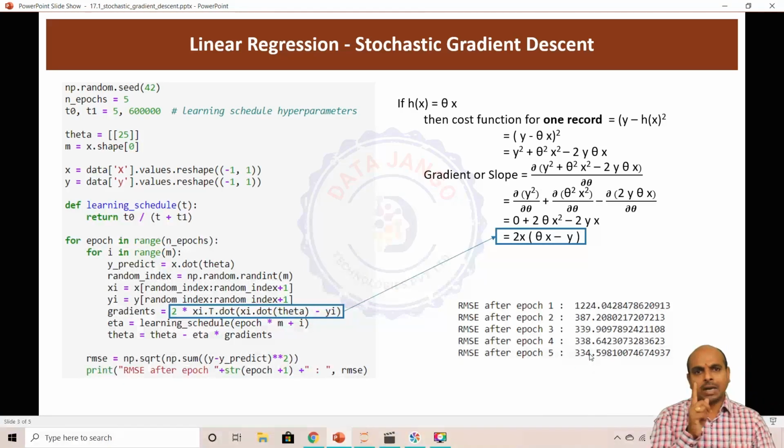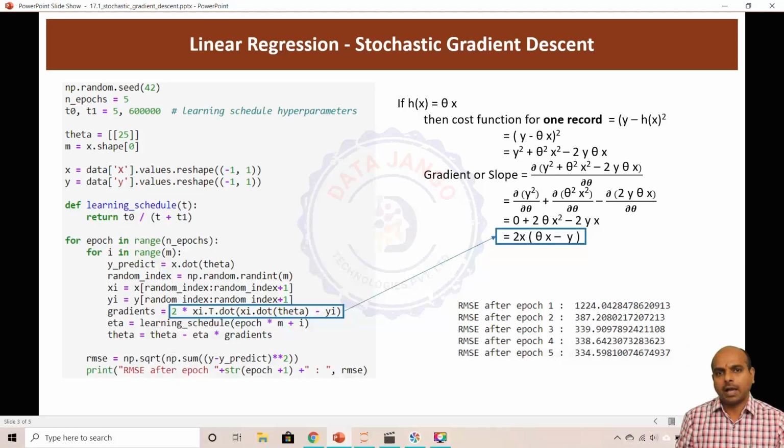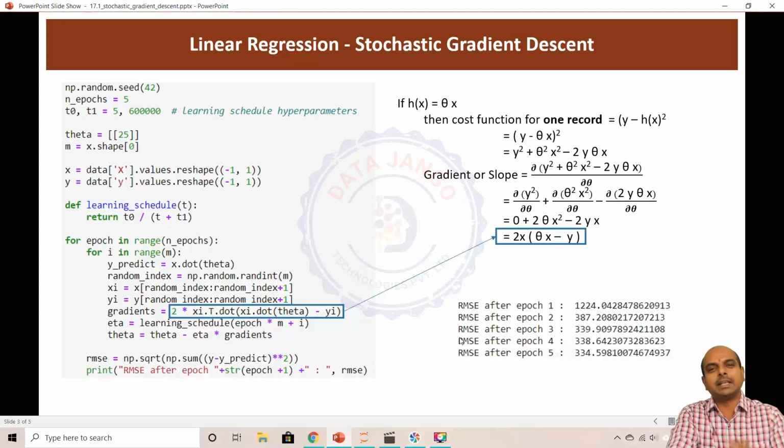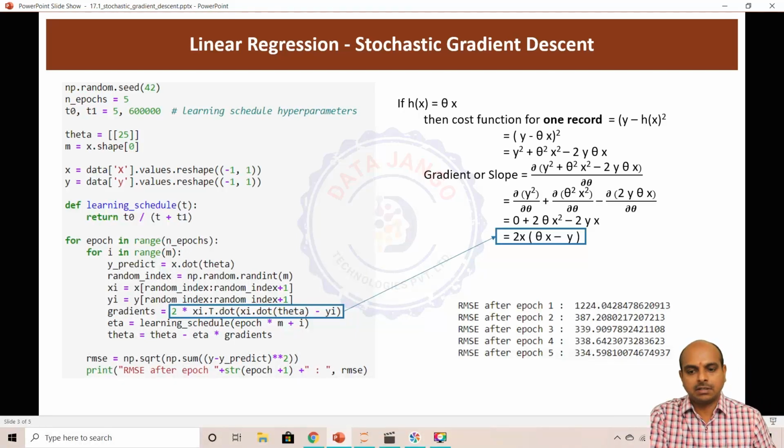That is one number more than the accuracy we got with batch gradient descent, but the amount of processing power used is very low. 125 compared to 1500 is very low, right?